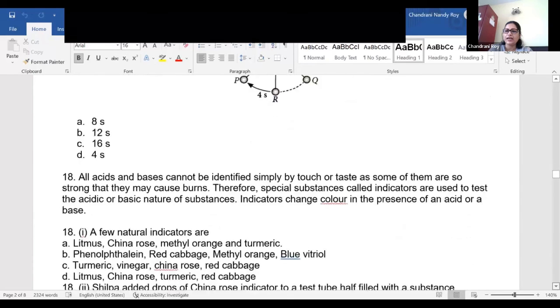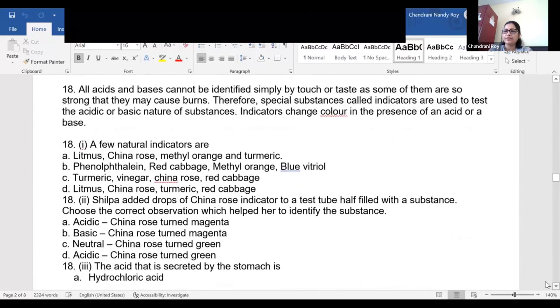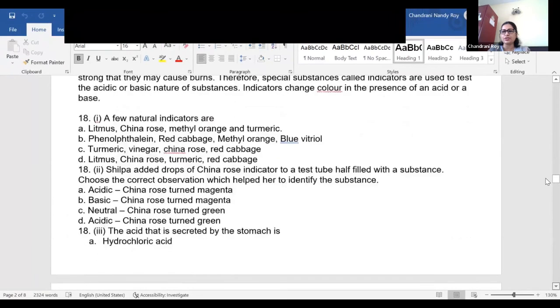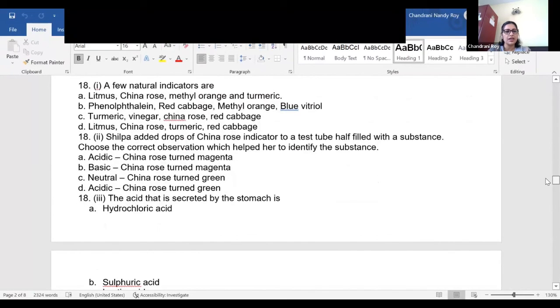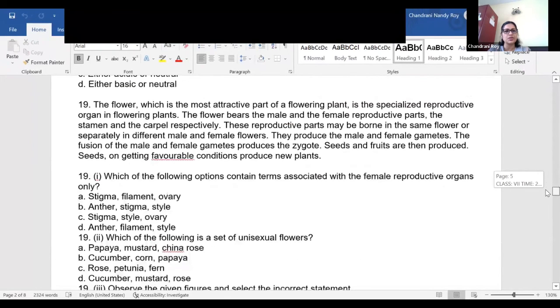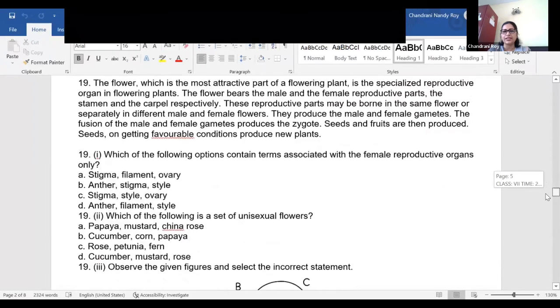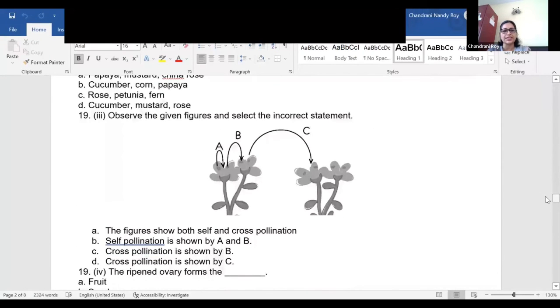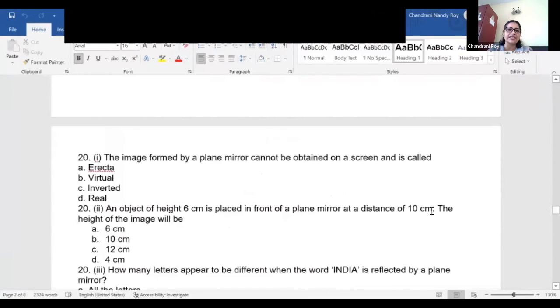This one was another passage which we had, with 4 case study based questions. So I will just take you quickly through it. This was another one where we used a picture to ask them about reflection. An object of 6 centimeters is placed in front of a plane mirror at a distance of 10 centimeters.